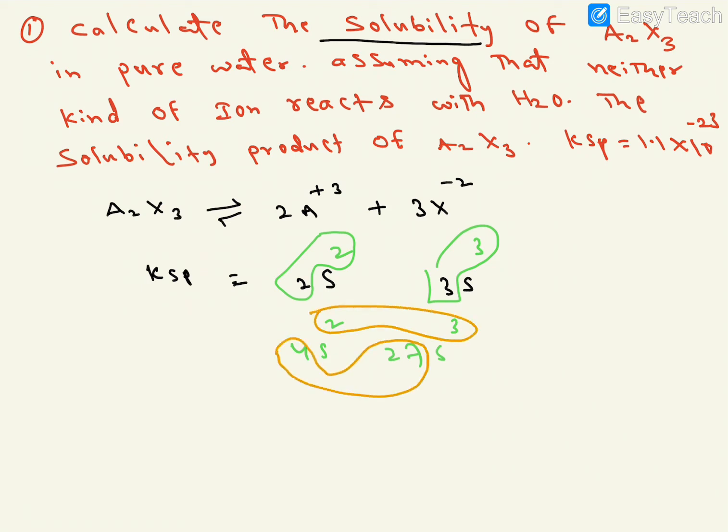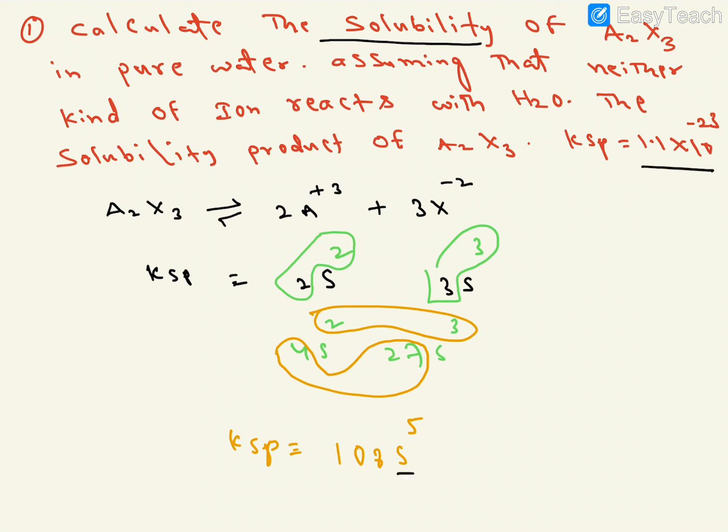These two are multiplication, and these two are addition. So what will we get here? Ksp is equal to 4 into 27, 108, and the power is 2 plus 3, 5.